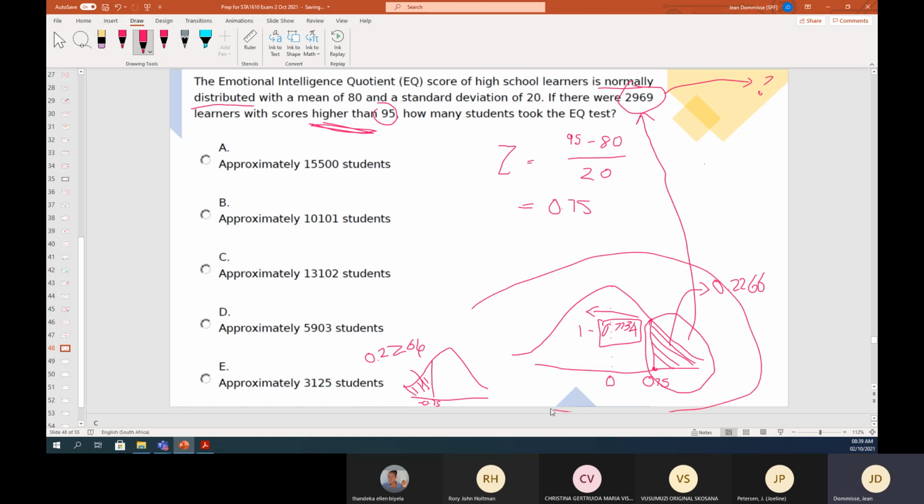So how big is this whole area? Okay, so if this area of 0.2266 is 2,969 students, how much is the whole area? So we need to get to 1.